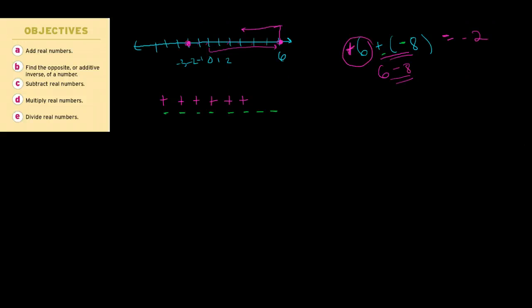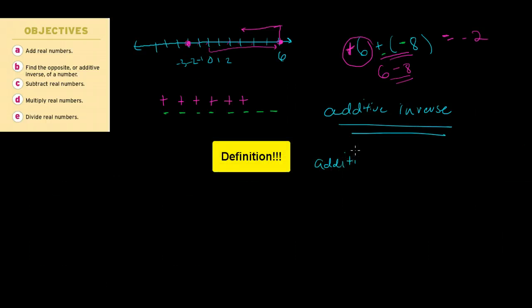Because of a very special relationship called the additive inverse. And let's talk about that for just a second. In order to understand the additive inverse, we need to understand the additive identity.